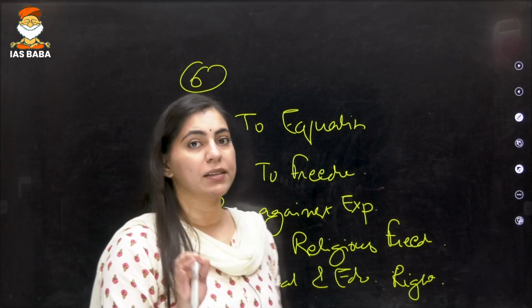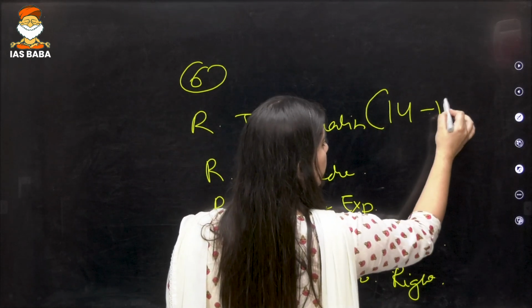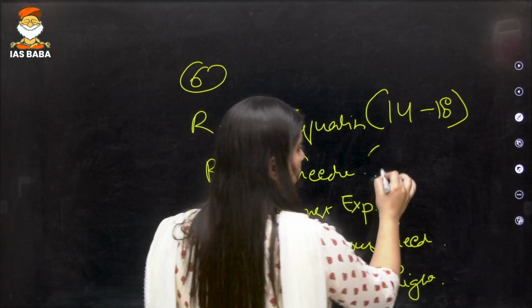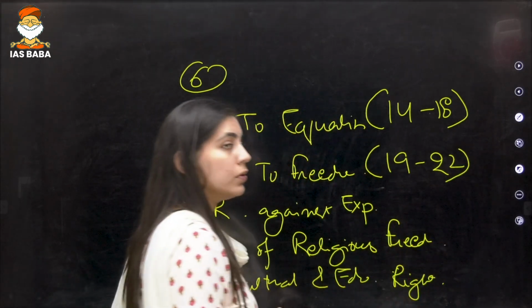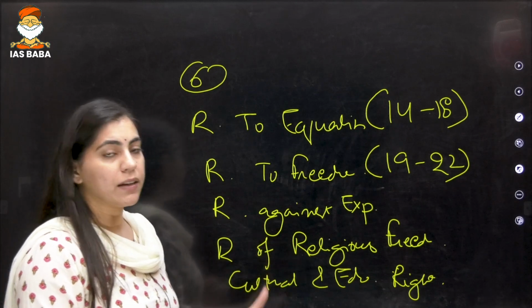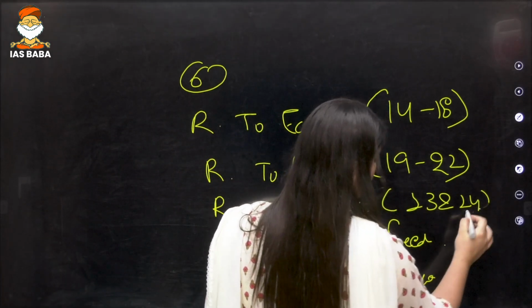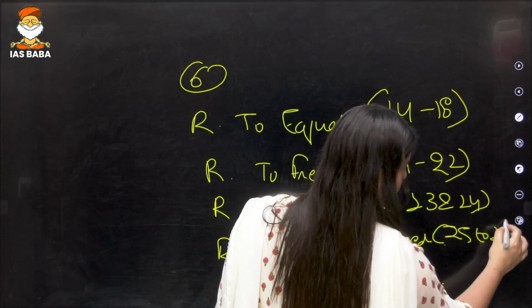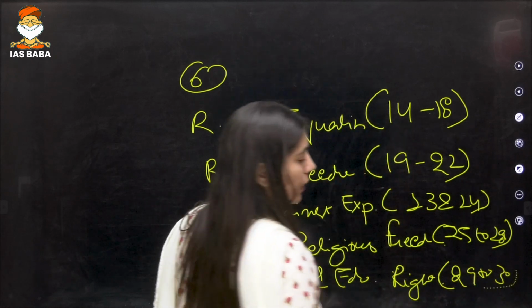this mistake in the examination. Right to equality includes from Article 14 to 18, whereas right to freedom includes from Article 19 to 22. Right, whereas right against exploitation is Article 23 and 24, whereas freedom of religion is 25 to 28 and it is 29 to 30 article.